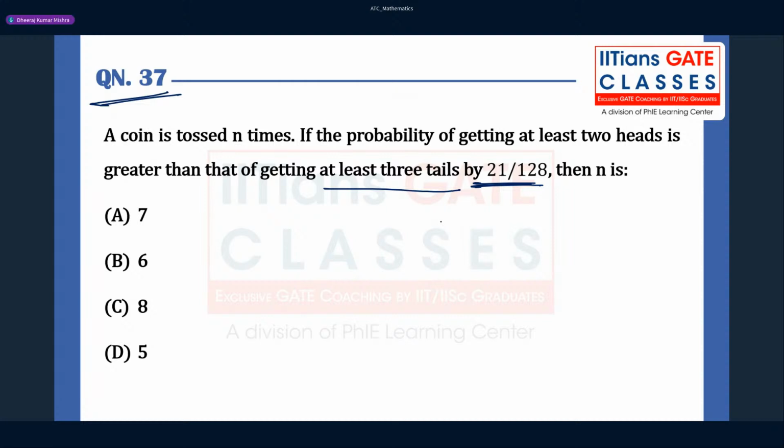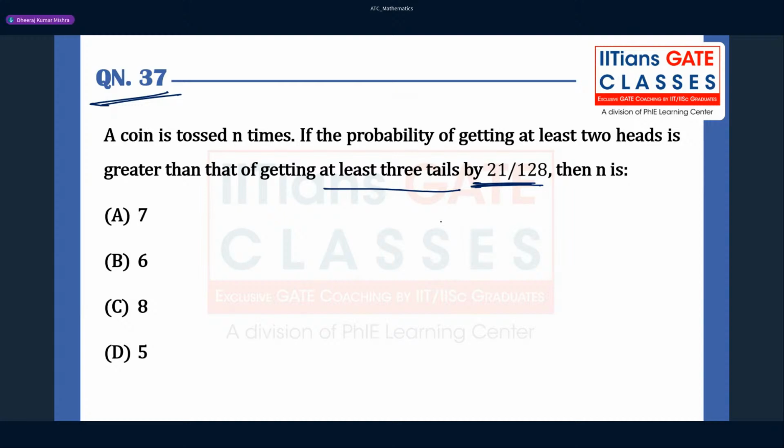Most of the questions we are solving, but if the question is quite lengthy, I would not suggest you solve it. But this question can be done. Okay, how to solve this question?